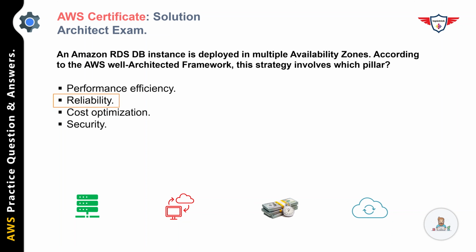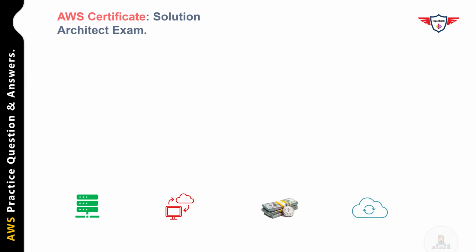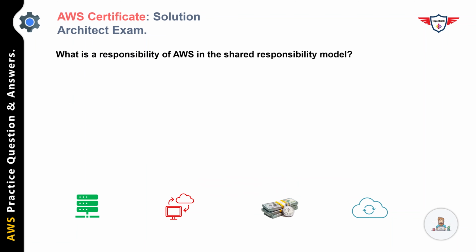The reliability pillar includes the ability of a workload to perform its intended function correctly and consistently when it is expected to do so. The deployment of Amazon RDS in multiple Availability Zones supports the goal of reliability because it reduces single points of failure.